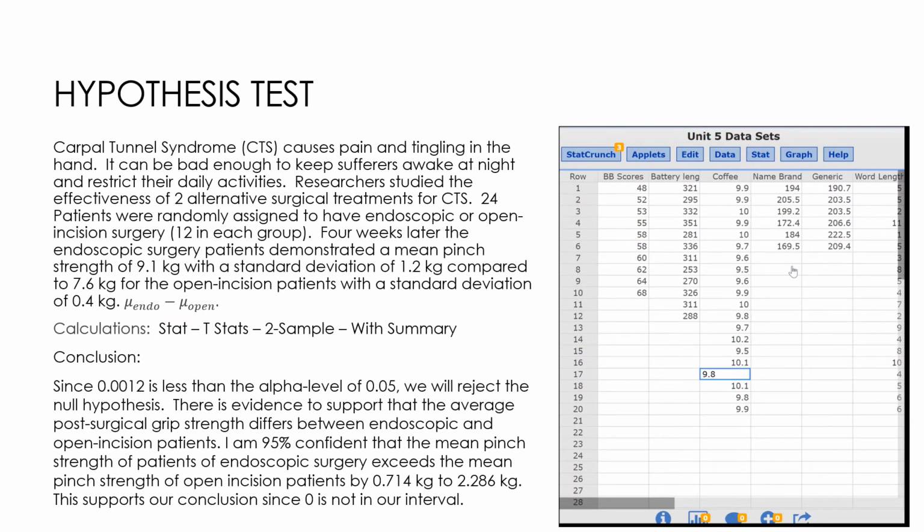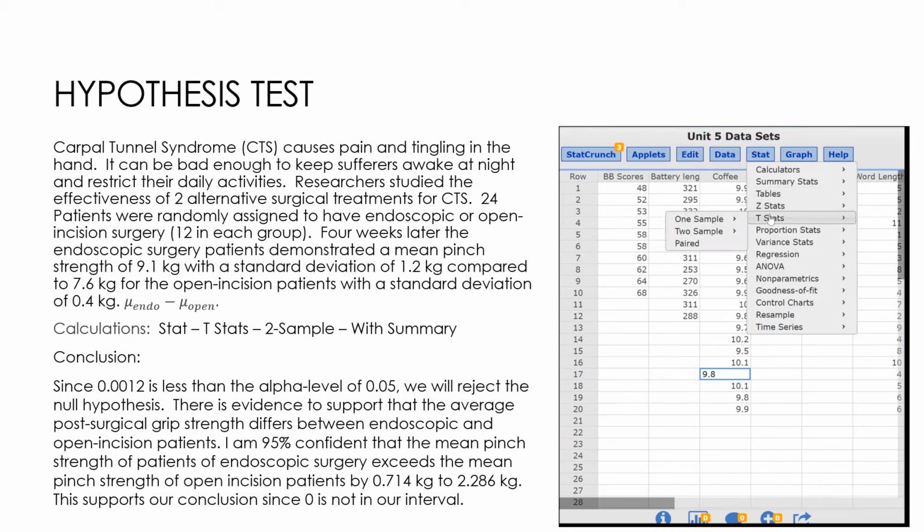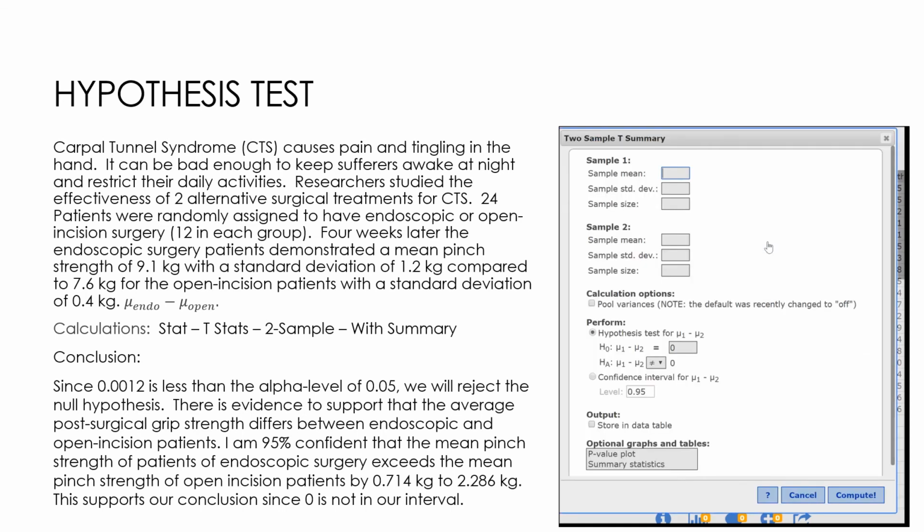So now let's look at how to do this hypothesis test. Again, we're going to do our calculations: go to Stat, T Stats, because it's two averages, two sample, and this time I have a summary because I don't have data in my columns, I just have summary. And my sample mean is 9.1 because it says to do endoscopic first.